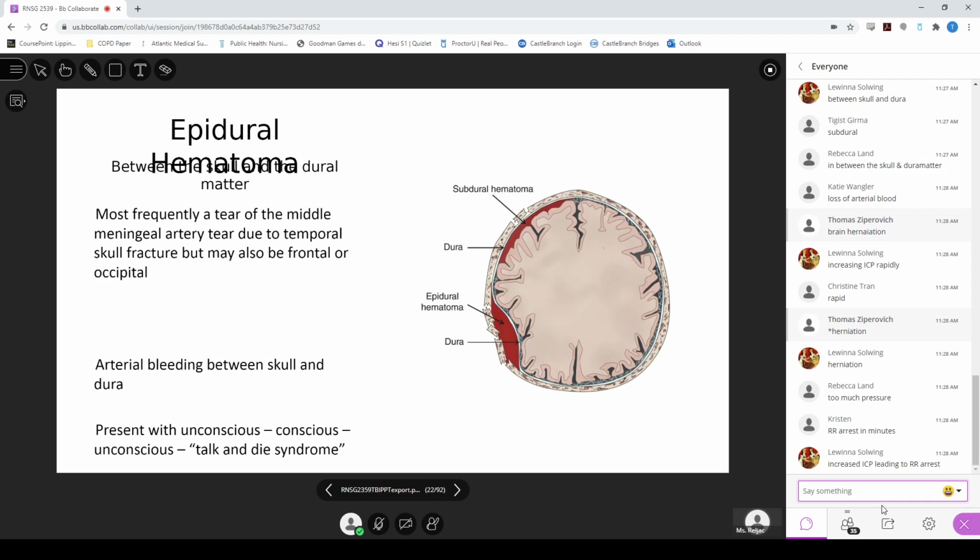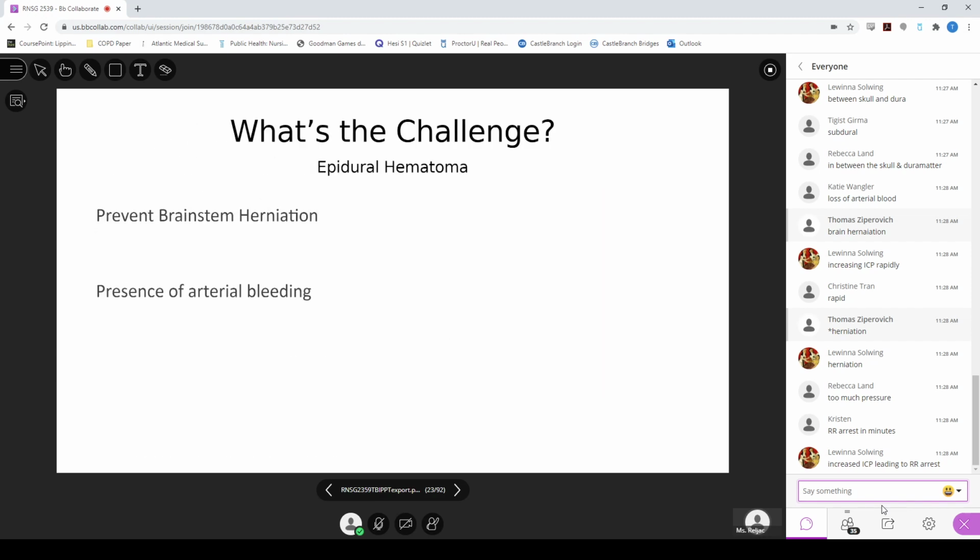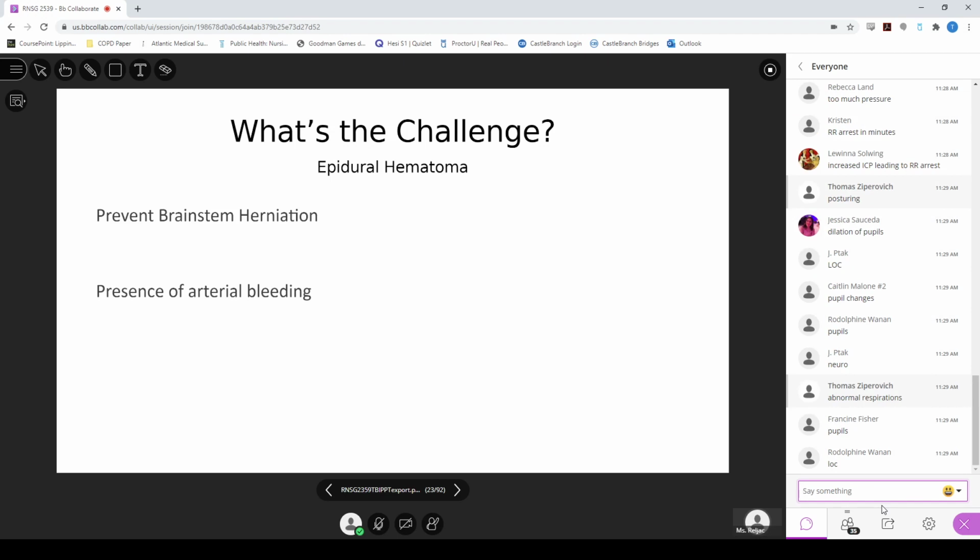So I enjoy it. Okay, so what are your challenges with epidural hematomas? We talked about how to prevent that brainstem herniation. So what would you assess for with herniation? What would that look like to you if you are going in to assess a patient? Dilated and fixed pupils, right? A decreased level of consciousness.